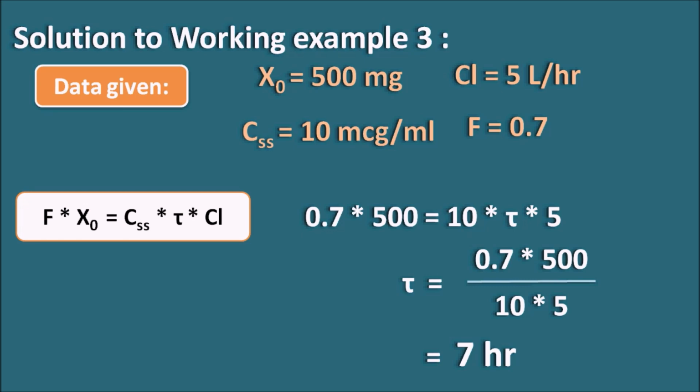So by using these equations, we can calculate the dose required for a particular drug to maintain a steady state concentration, and the dosing interval that can be maintained so that we can achieve a desired steady state concentration. And when clearance is not given, we can calculate the clearance from the volume of distribution and the elimination rate constant, as CL is equal to KE into VD.